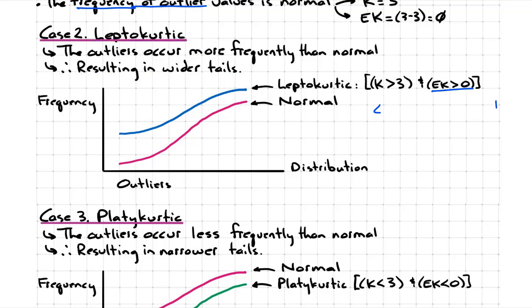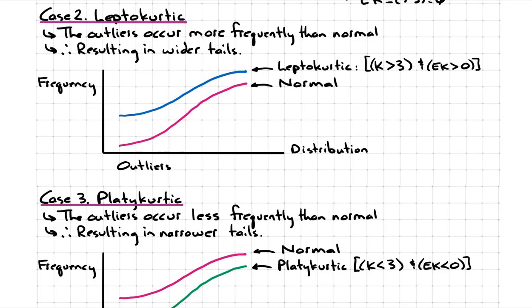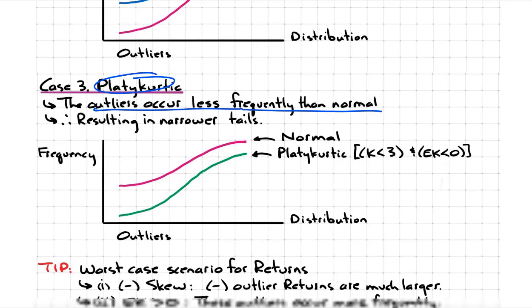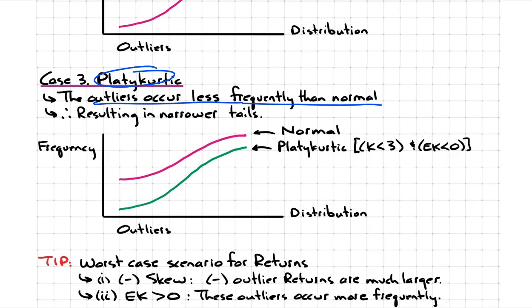And the other scenario for kurtosis would just be the opposite of lepto. And this is called platykurtic. And where leptokurtic had more frequent outliers, naturally platykurtic would indicate that the outliers occur less frequently than normal. So again, the red line represents normal.